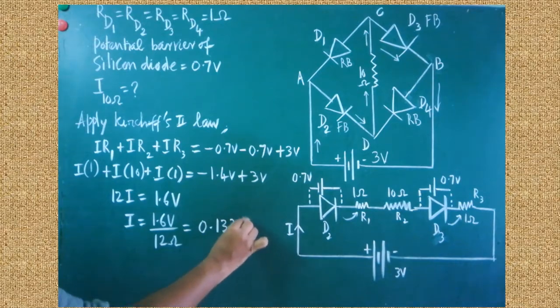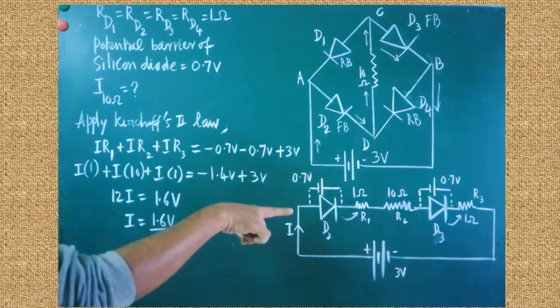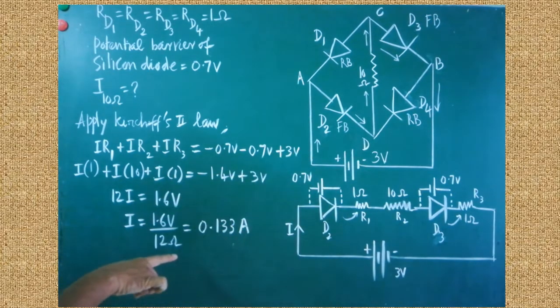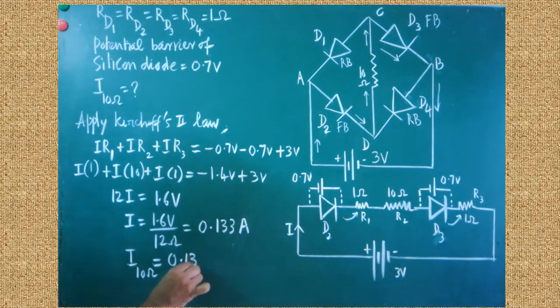So approximately we can write it as 0.133 ampere. The same current flows through all the components, especially through the 10 ohm resistance. So 0.13 ampere is flowing. Like that we have to write. Drawing the equivalent circuit is very important. Okay, thank you.